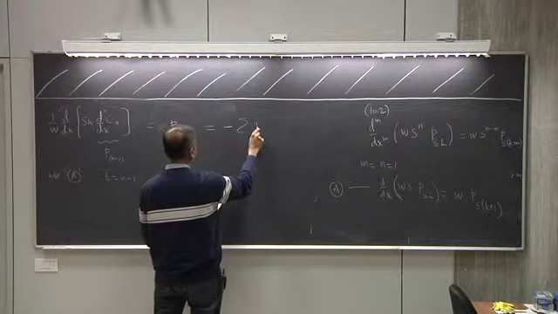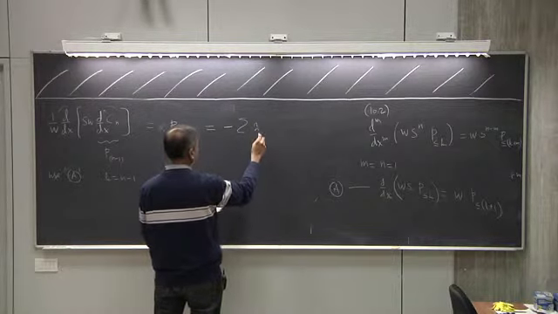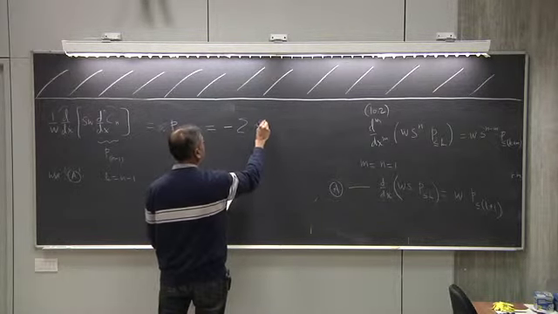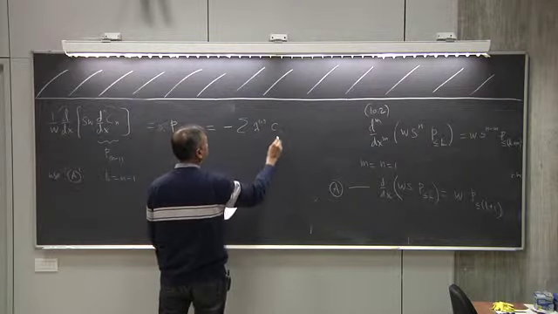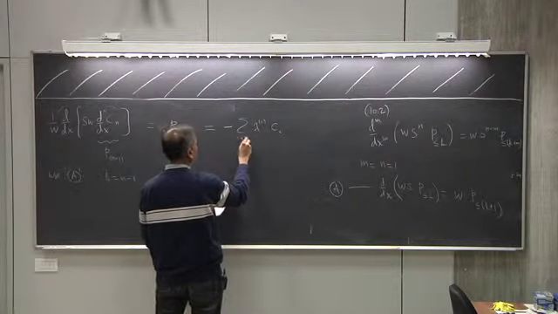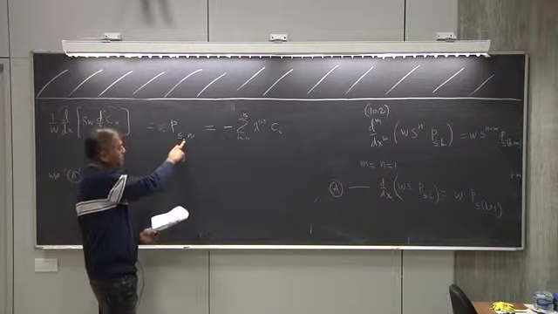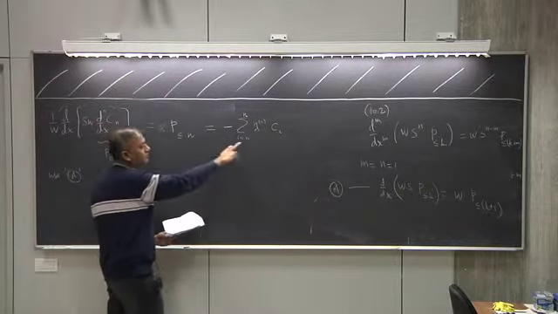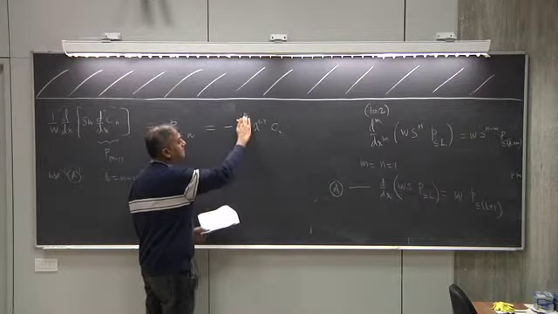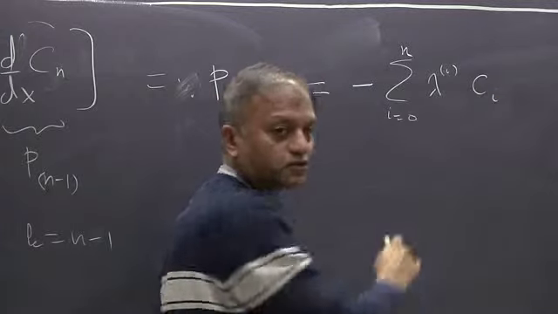So let me write some coefficients lambda i, c i, where i goes from 0 up to n, because the maximum polynomial is nth degree. So I can always expand this polynomial in terms of the first n plus 1 orthogonal polynomials.